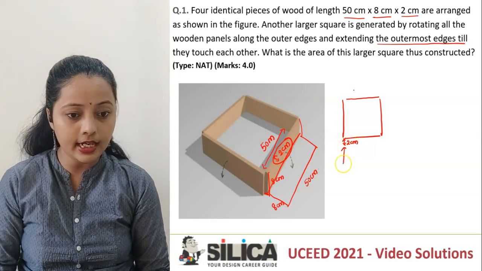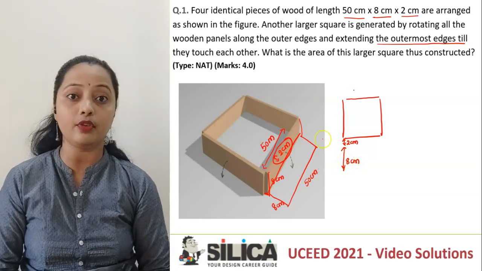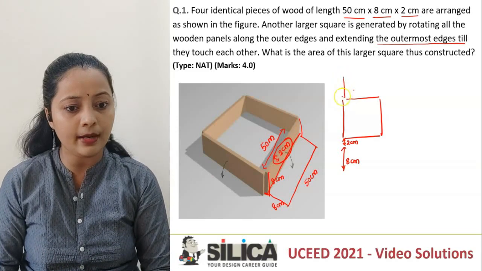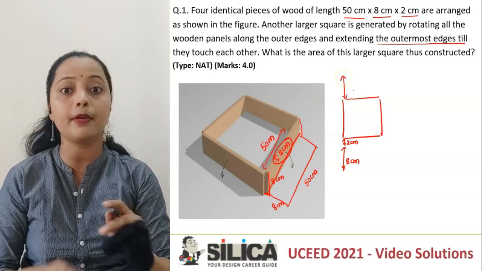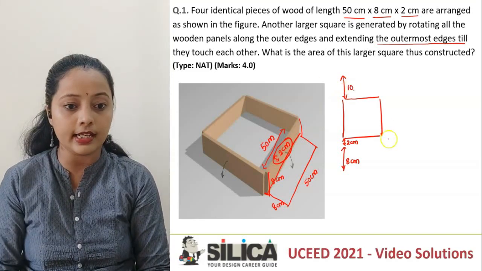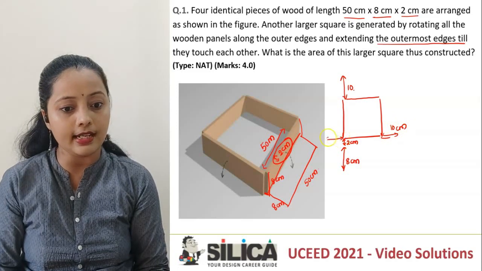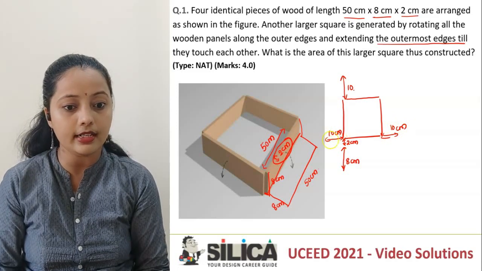Then another 8 centimeters gets added, which is the height of that wooden block. The same happens on all 4 sides because the box is being opened up from all the 4 sides. So another 10 centimeters this way, and to the LHS also it's increased by 10 centimeters.